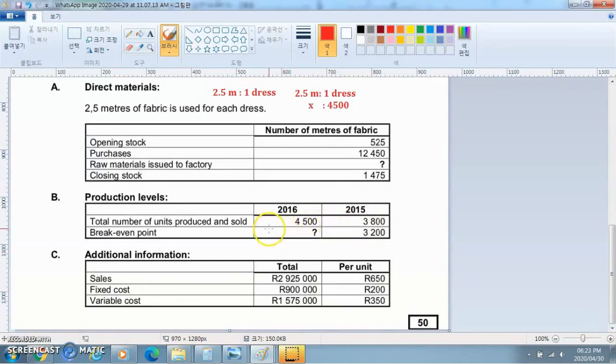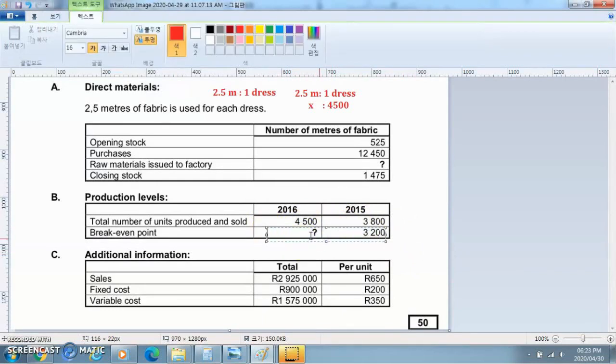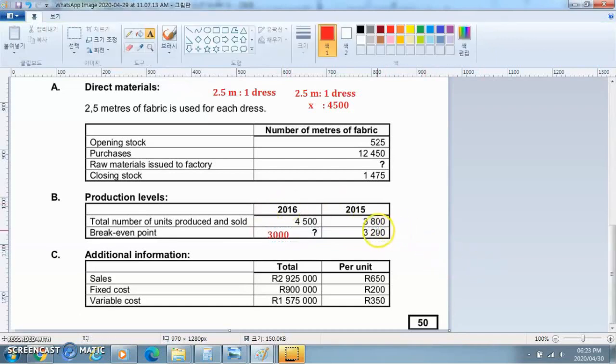So the break-even point for this year was how much? The break-even point for this year was 3,000, right? The break-even point for last year was how many units? It was 3,200, right? So last year they had a total number of units produced and sold, which were 3,800, right? But their break-even point was how much?